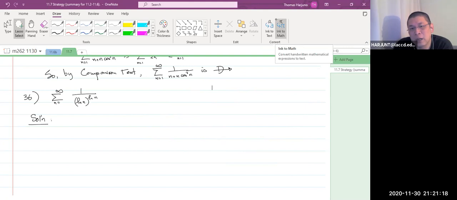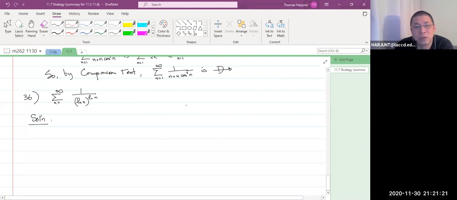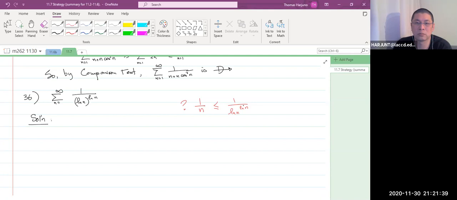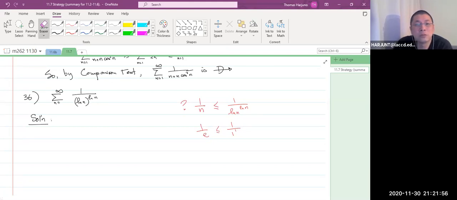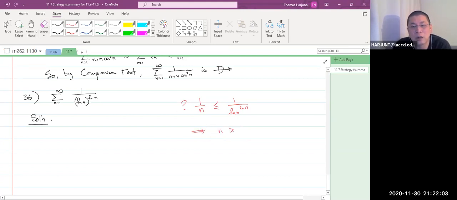Is it true that 1 over n is less than or equal to 1 over n to the power of n? No, it's not. I mean, you can use n equals e. Oh, yeah, that one is true. Well, what I want to say, if that's true, it implies n is greater than or equal to ln n to the power of n.